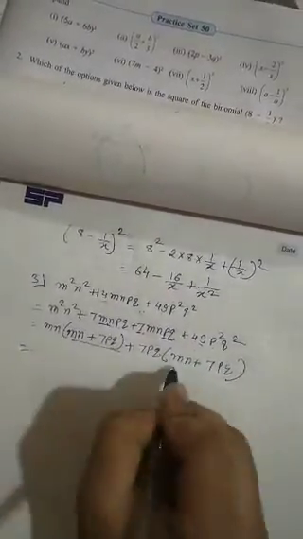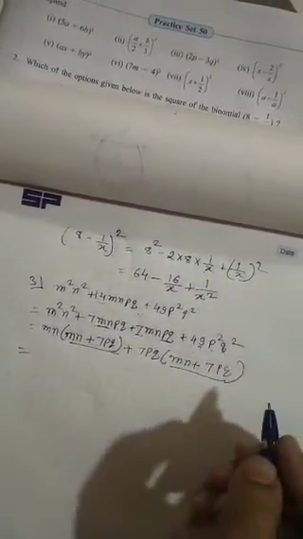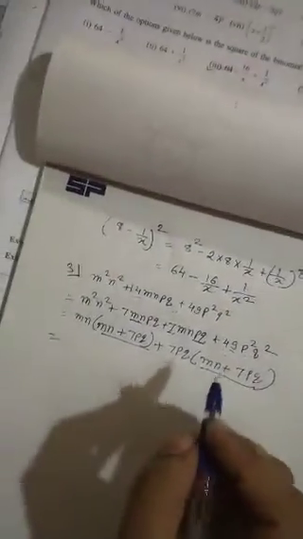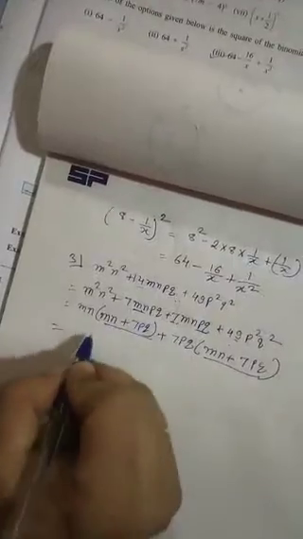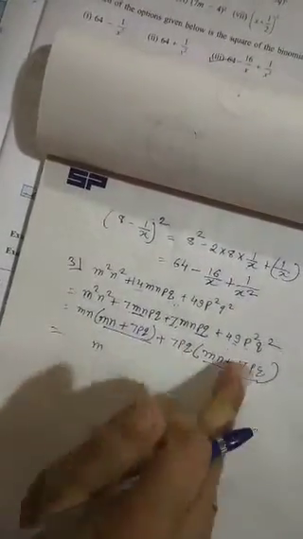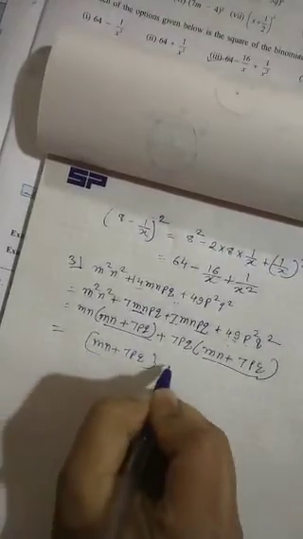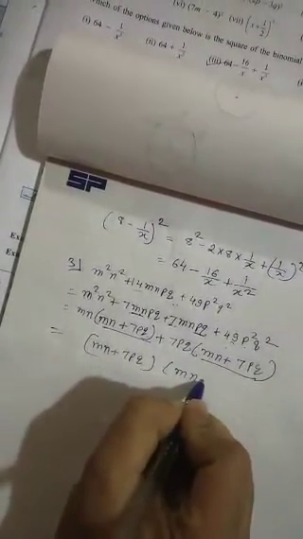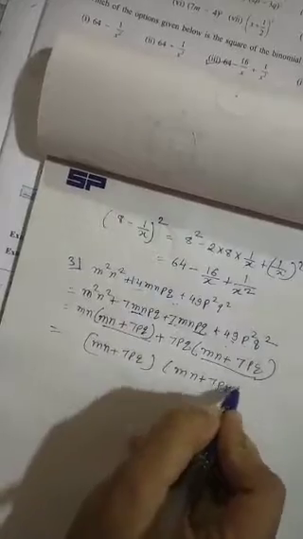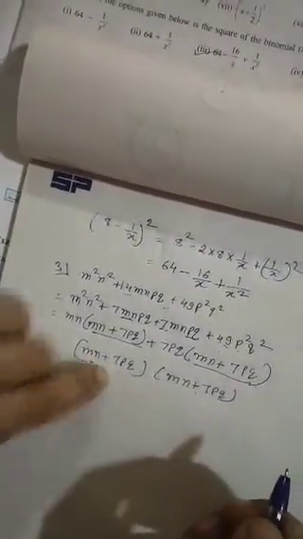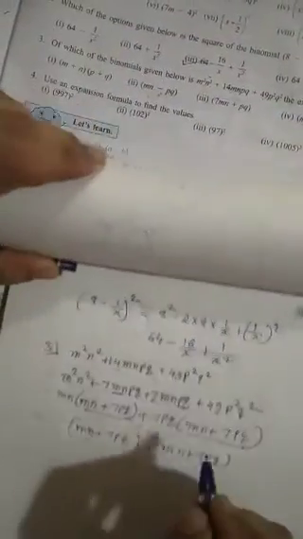Okay, now here you can see the terms in the brackets are the same. That means we will take it common: (mn plus 7pq) and (mn plus 7pq). That means it is a square. See, in this both are the same term.